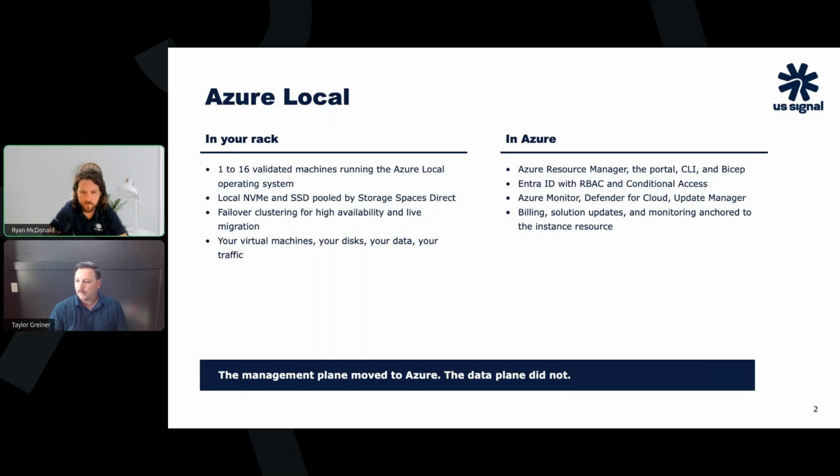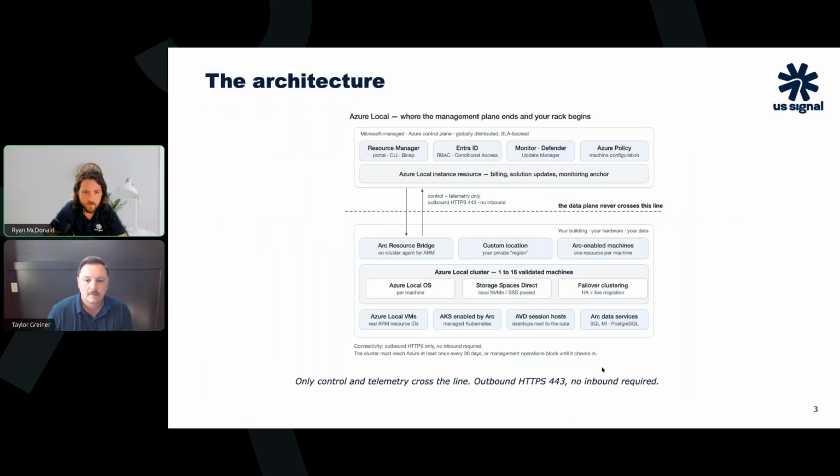You can go ahead and go to the next slide. We've got a better view of it here. Within the architecture itself, it's important to understand where the management plane ends and where your rack begins. Things that are still going to be in Azure are your Resource Manager, Entra ID, any Defender policies, monitoring, Log Analytics, and the Azure policies themselves.